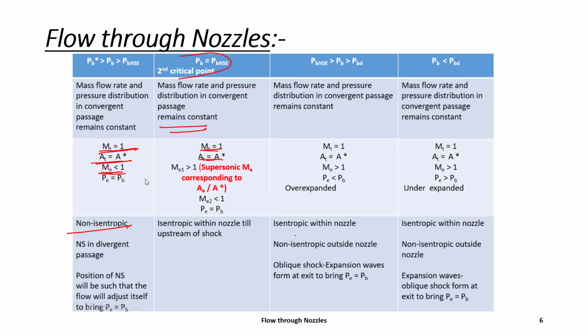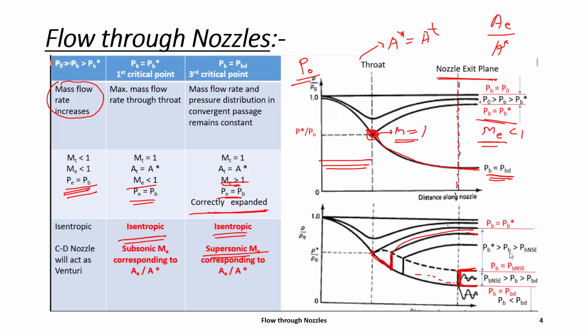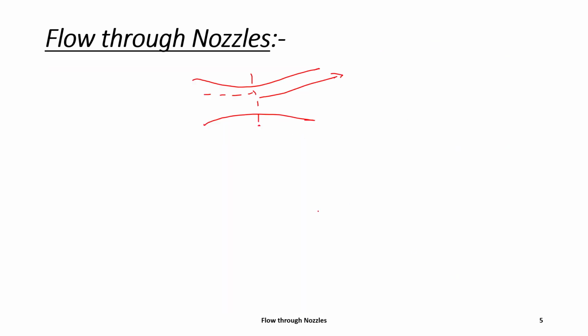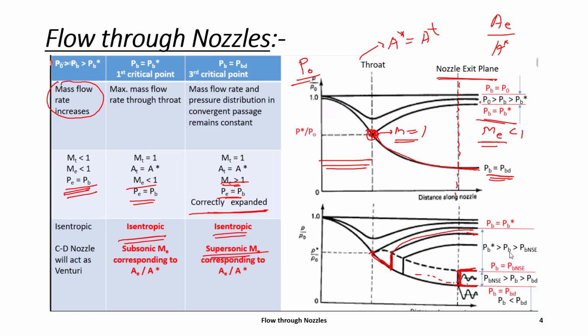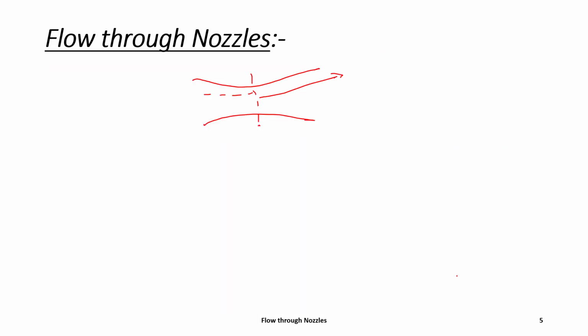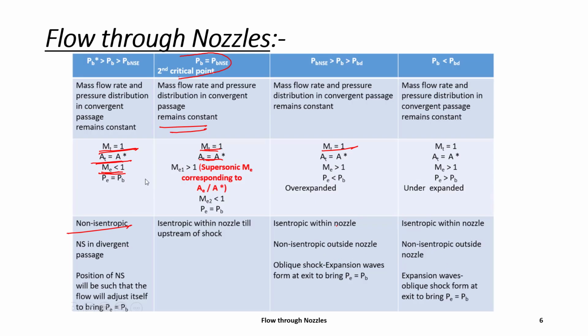At the throat Mach number is 1, and the exit Mach number will be greater than 1 because there is no shock inside. As pressure has reached till here, we need to increase the pressure to reach our required value. So pressure can only be increased through the oblique shock. So there will be an oblique shock at the end. So our exit pressure will always be less than the back pressure.